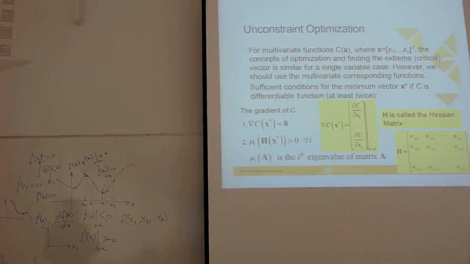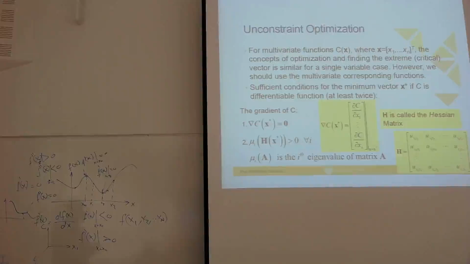Now, how do we know if it is a maximum, minimum, or saddle point? If the eigenvalues of this Hessian matrix are all greater than 0, for example if you have a 3 by 3 matrix, then we will have 3 eigenvalues.